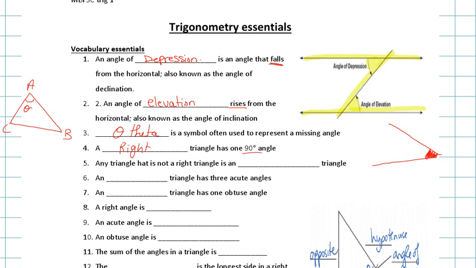So you have two options, either right or oblique. Now oblique will be divided into two. Okay, but we'll talk about that. So any triangle that is not a right triangle is an oblique triangle.